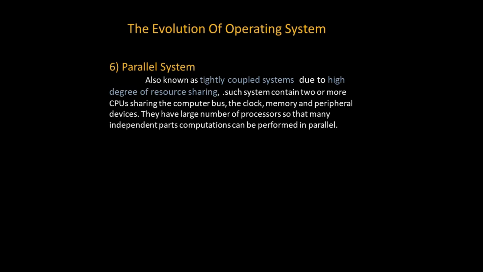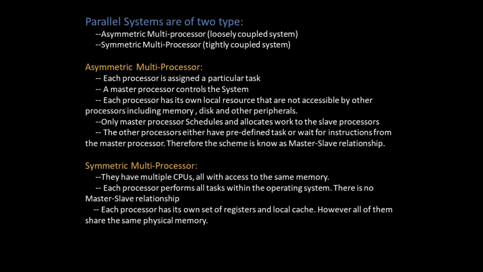They have a large number of processors so that many independent computations can be performed in parallel. Parallel systems are of 2 types. We have asymmetric multiprocessor, which is also known as loosely coupled system, and symmetric multiprocessor, also known as tightly coupled system.